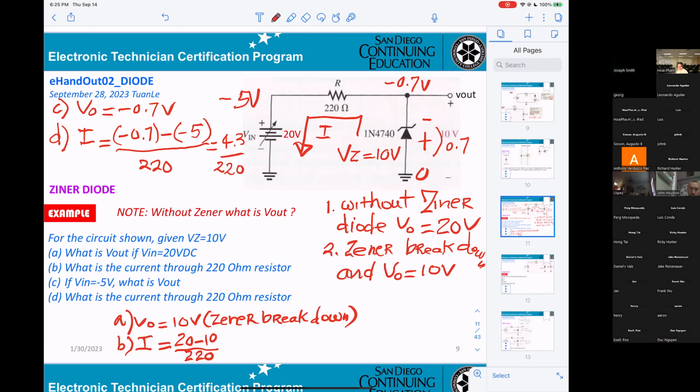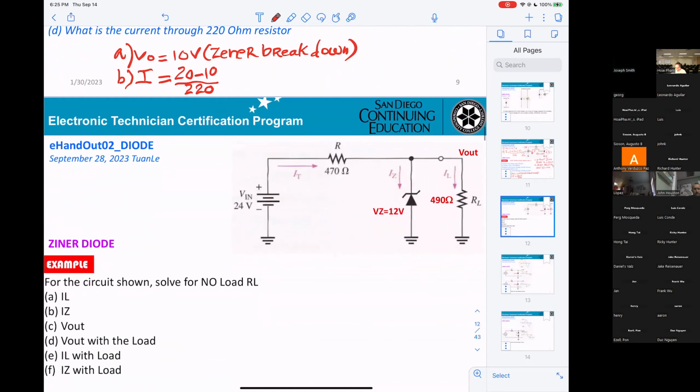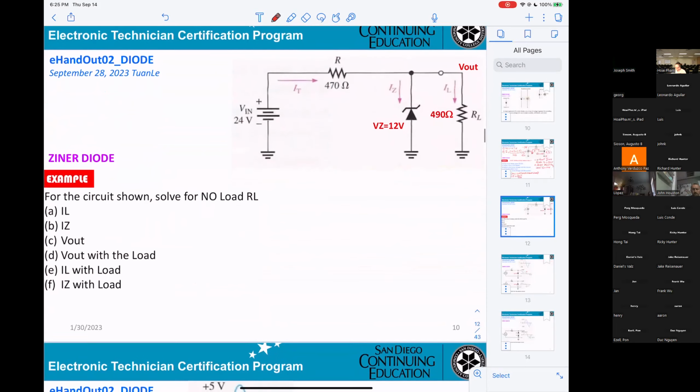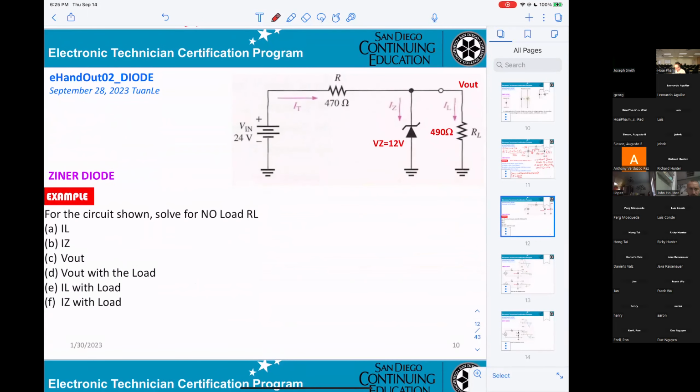Hopefully that can help you to understand a little, not much, okay, about the Zener. Now, try to get through that one. For this problem here, the Zener wanted 12 volt.